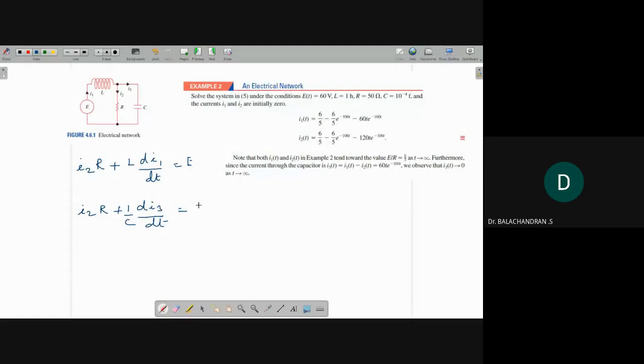I think there is some mistake here. I2R is correct, there is some problem here.